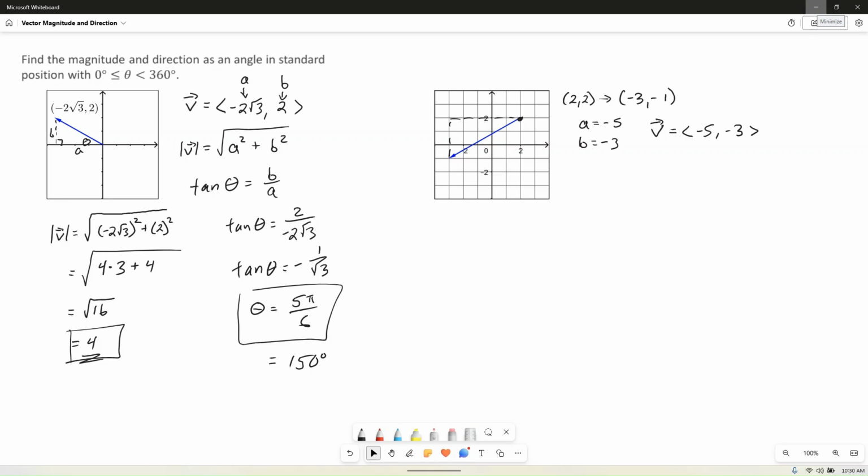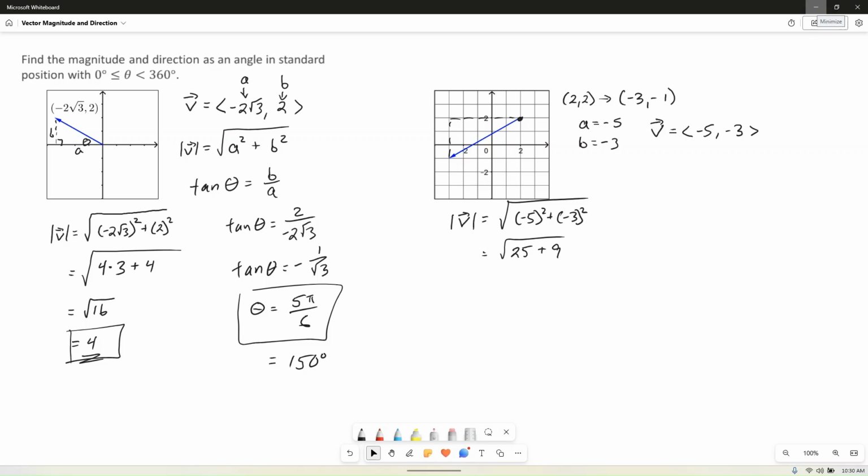All right, so we're going to follow the same process to find the magnitude and the direction. So the magnitude is the square root of a squared plus b squared. So it's going to be the square root of (-5) squared plus (-3) squared. And so (-5) squared is 25. (-3) squared is a 9.